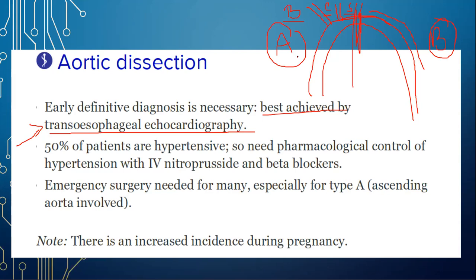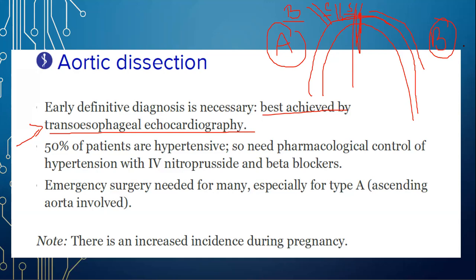And for those patients, your only treatment is to go for immediate surgery as soon as possible. But for type B aortic dissection, we don't usually go for surgery. Medical or conservative management is usually the choice of management here.